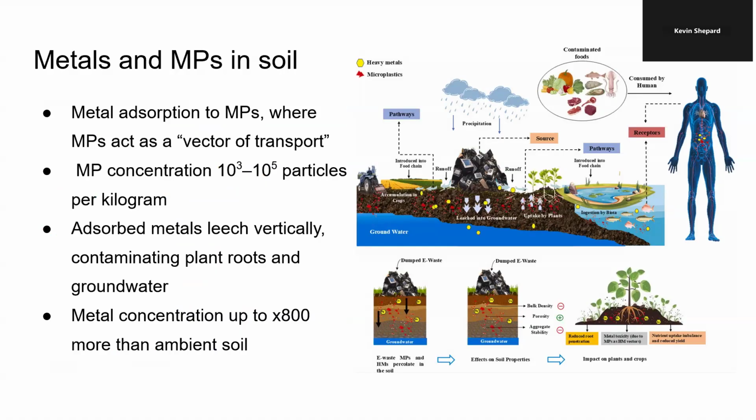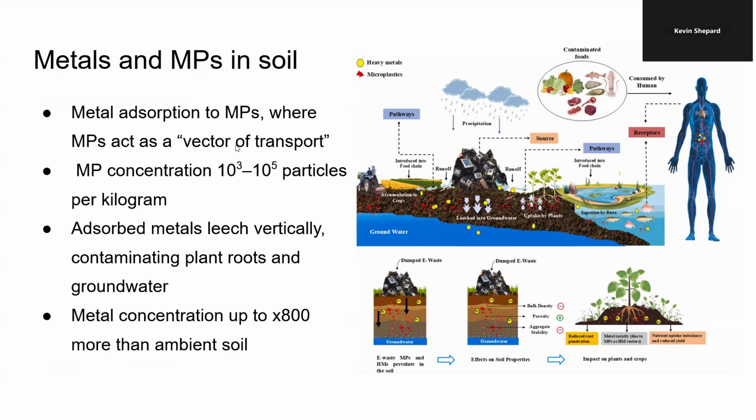So how do these interact in the soil? Well, metals will adsorb to the surface of the microplastics, which we call MPs for short. Basically you have a tiny ion of a metal, and that will cling onto the surface of the microplastic.